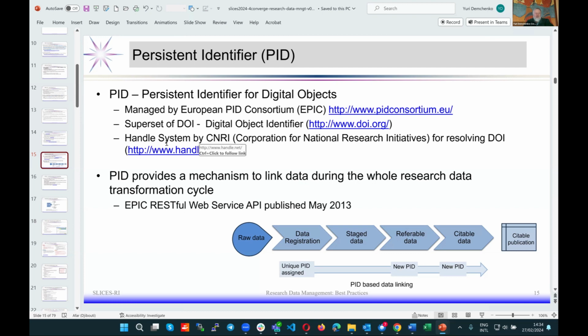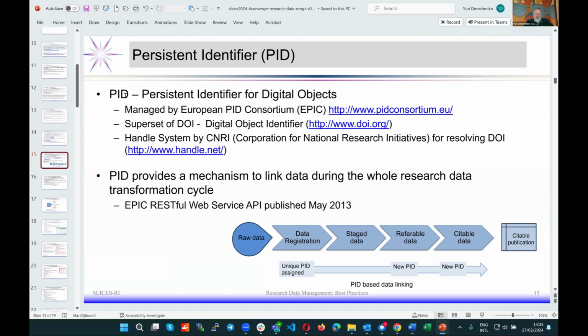And I don't know much about CNRI, the Corporation for National Research Initiatives, that also maintains a service they call Handle. So PID identifier and handle are almost synonyms. DOI, digital object identifier, is also in this kind of relation. They simply have different names, interchangeable.